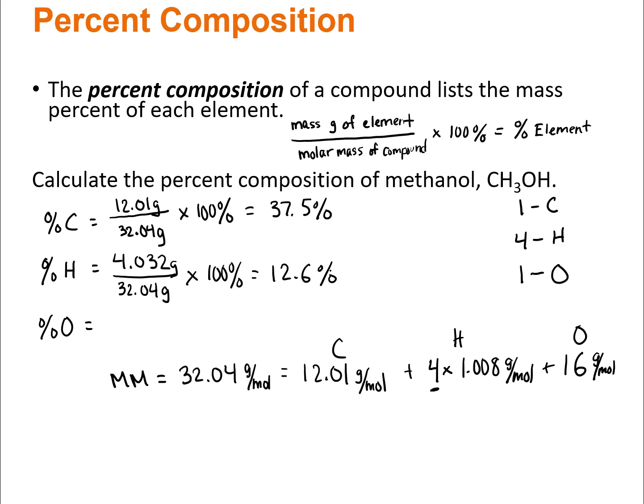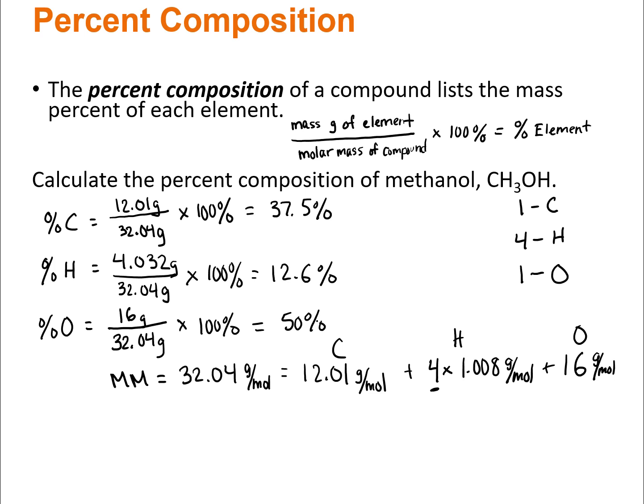It's not grams, it's percent. We'll call that about 50%. When you total those up, you should get about 100%. It may be like 100.2 or something like that. That's fine. With rounding, it may not be exactly 100%, but it shouldn't be 103% or 105%.